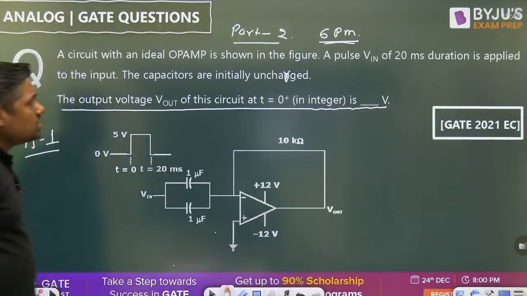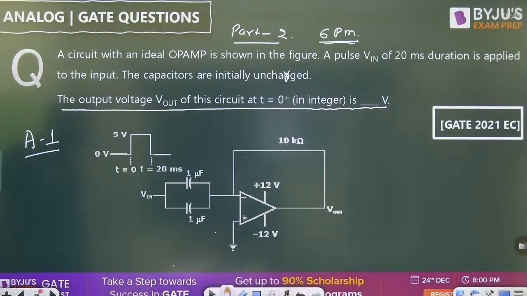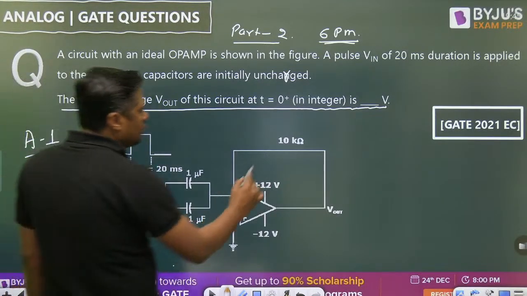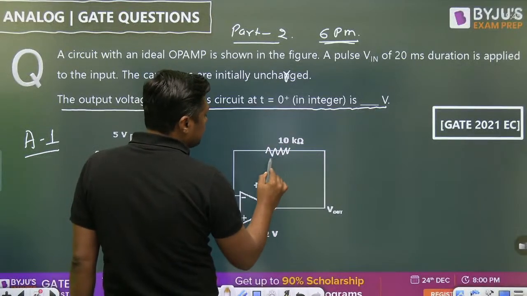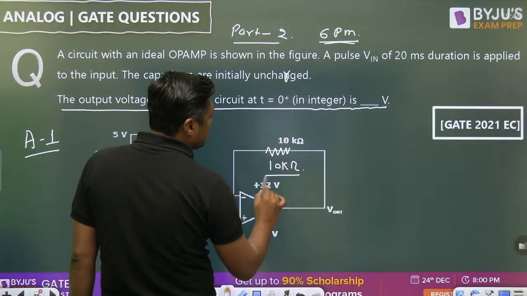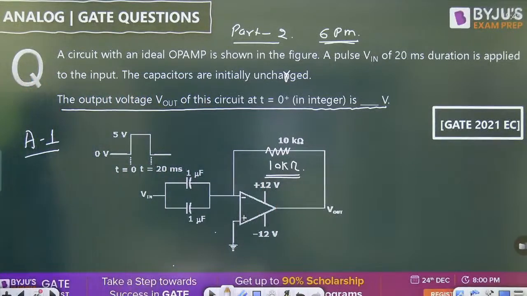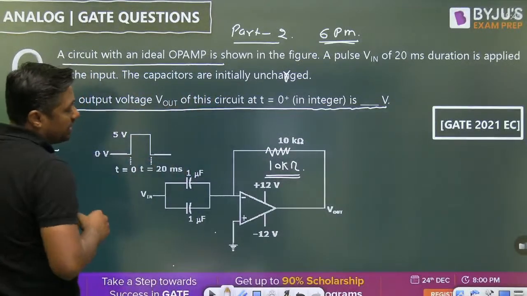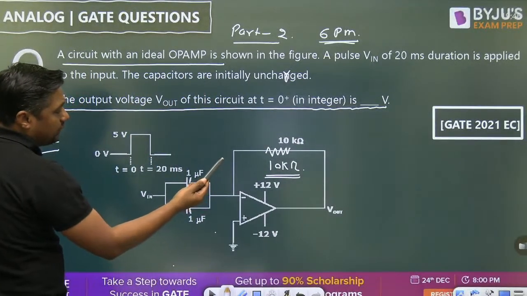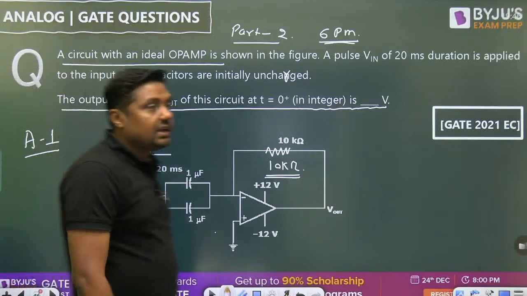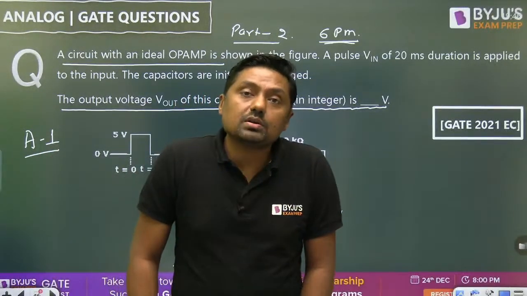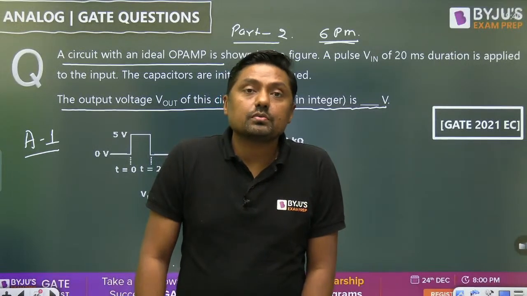If I am using the ideal operational amplifier, pulse Vin is applied here, initially uncharged, the output voltage, then there is a 10 kilo ohm resistor here. Then what will be the current? We are assuming that the input resistance is infinite; the circuit says ideal op amp. What is the current entering the operational amplifier? 0. Okay, so try to solve this question.